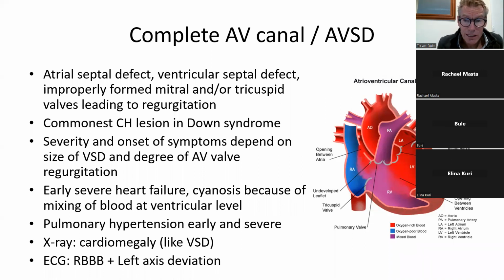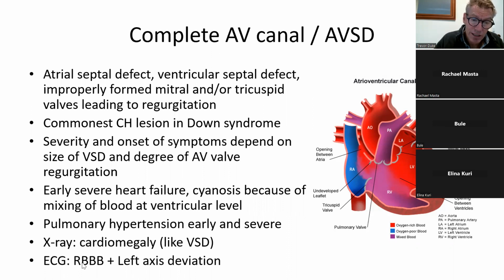If you've got a large AVSD, then they present in early severe heart failure, and often also with cyanosis, because the blood is just mixing between the left and the right heart. You've got a large ASD, a large VSD, a mitral valve abnormality, and the blood just mixes between the left and the right ventricle. And these children have severe and early pulmonary hypertension, and they often have cardiomegaly on chest X-ray, like a large VSD.